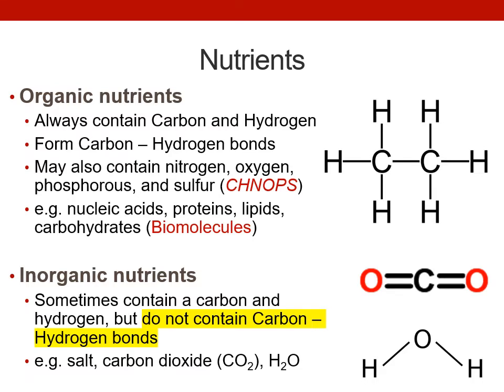Inorganic nutrients may contain carbon and hydrogen, but generally do not contain carbon-hydrogen bonds like you see in organic molecules. Examples of inorganic molecules are salt, carbon dioxide, and water. They may contain either carbon or hydrogen, but not carbon bound to hydrogen.